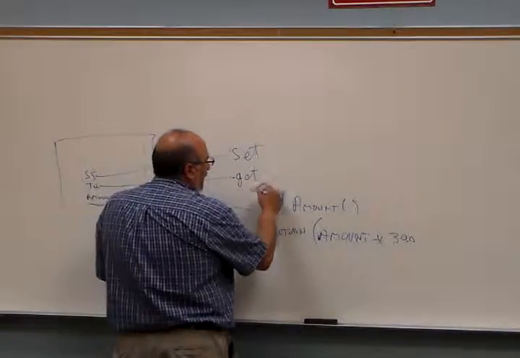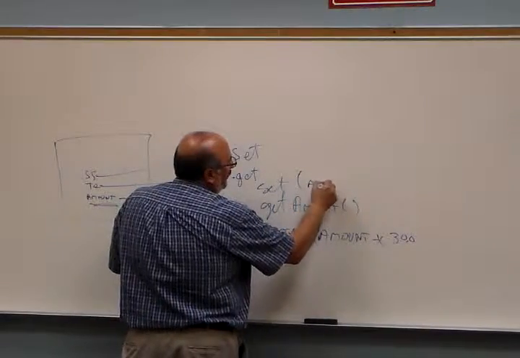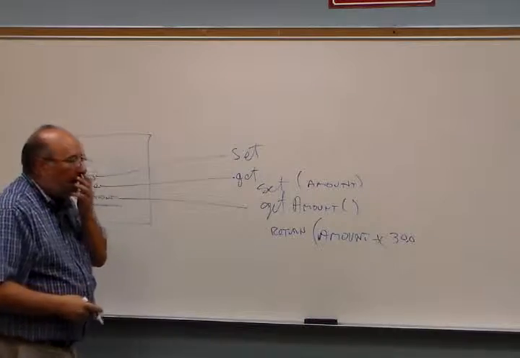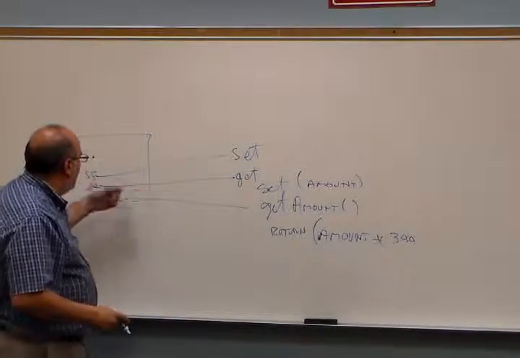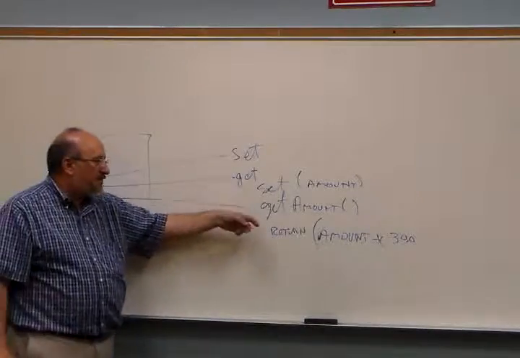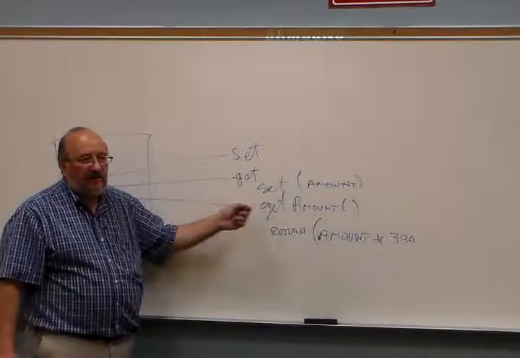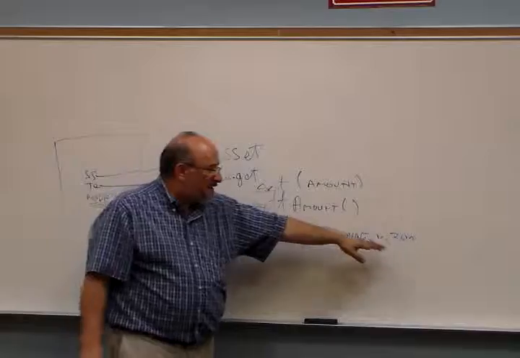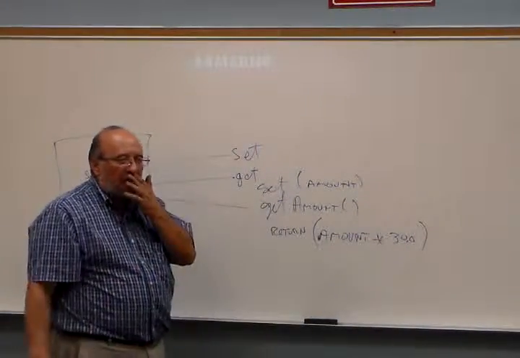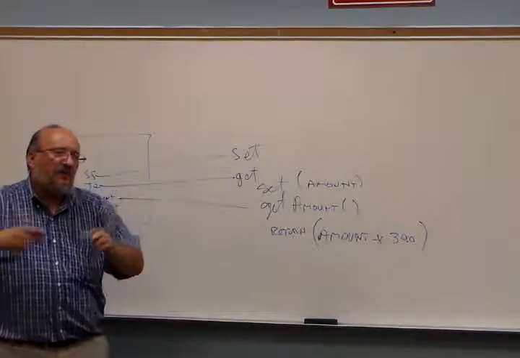So you get the set, and then over here you accept the amount that is sent in. Then the same way that you printed this one and this one, you just print from the get. The only difference is that inside this return, you add some numbers for the calculation. It's free, whatever you want to do with it.